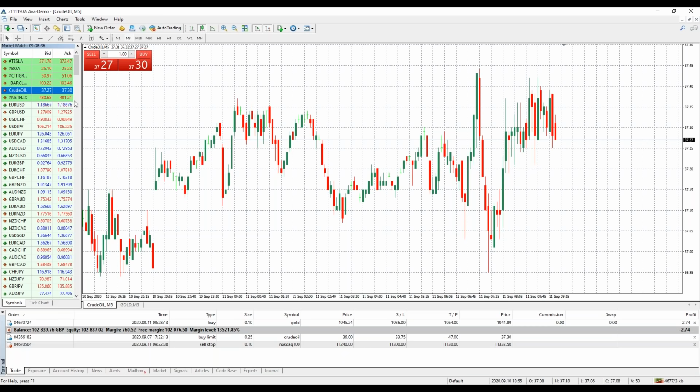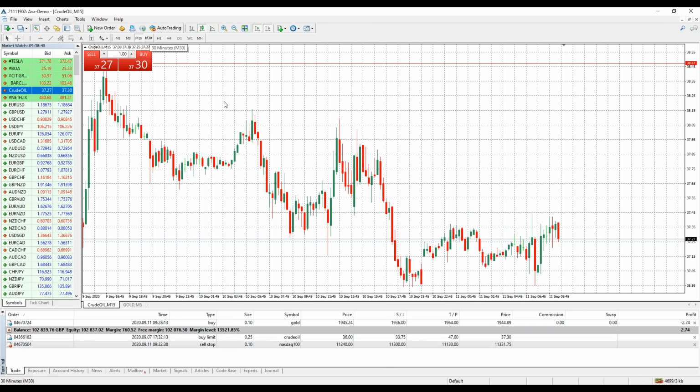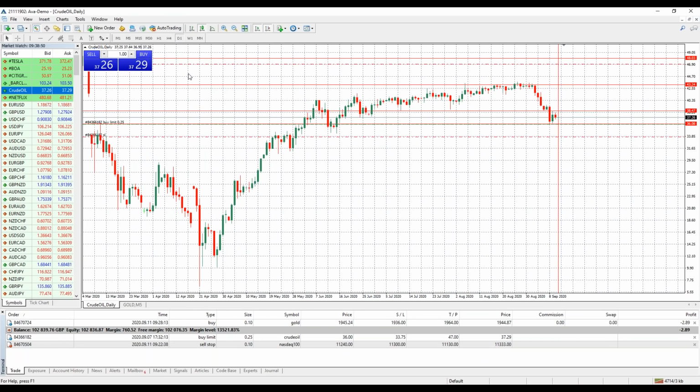All right. So crude oil. What do we see? We looked at the fundamentals as to why oil came down. It dropped because of oversupply fears. Now we look and we say, look at this support level. Okay, right here. And I have a pending order waiting, in case it came down just a little further.